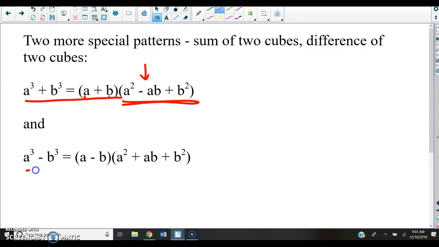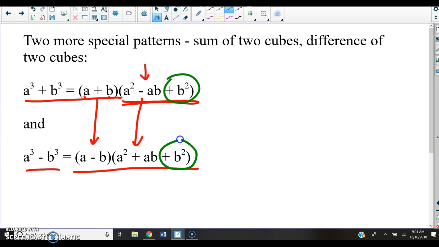And the only difference between the sum and the difference is the sign of the numbers. Instead of a plus, it's a minus, and the next sign is a plus. In both cases, the last term, the b squared, is positive. This matches the first one.